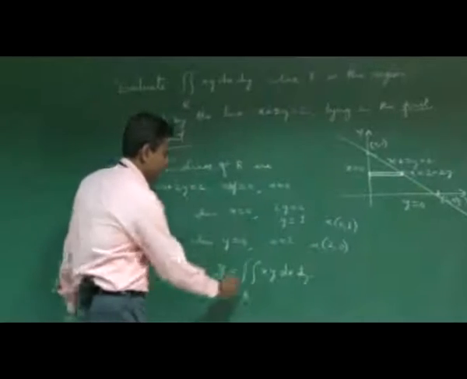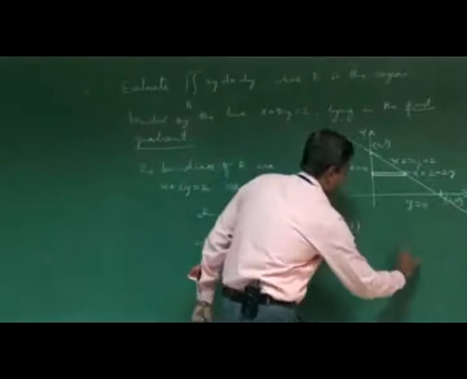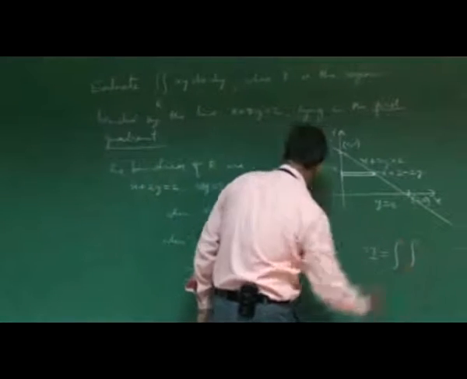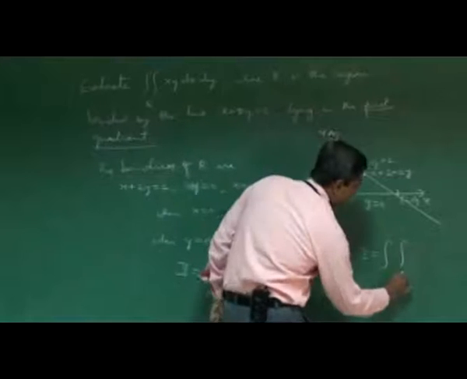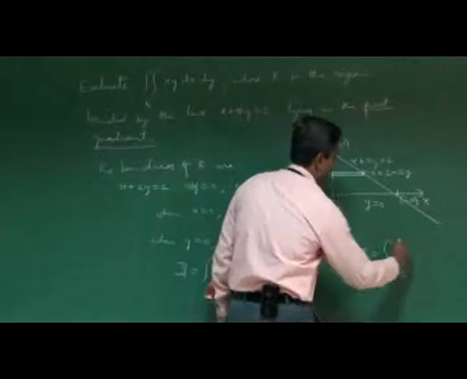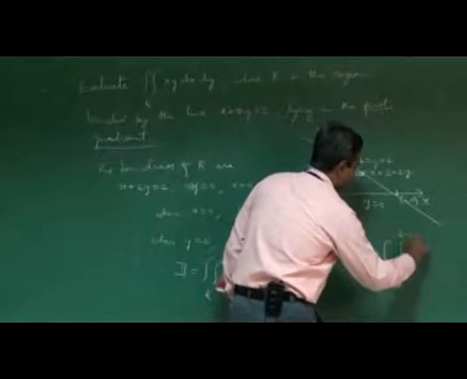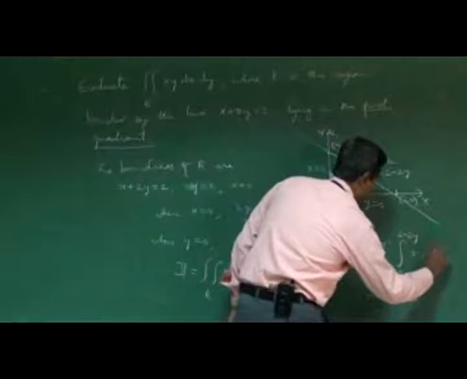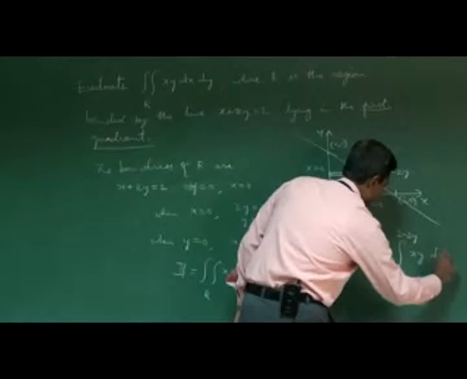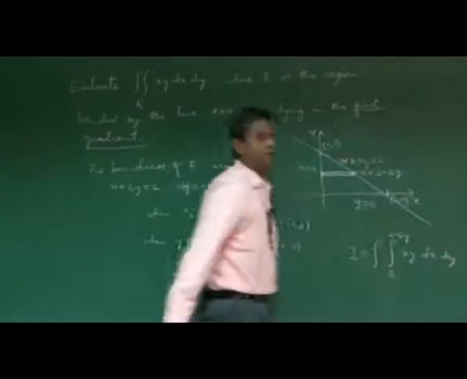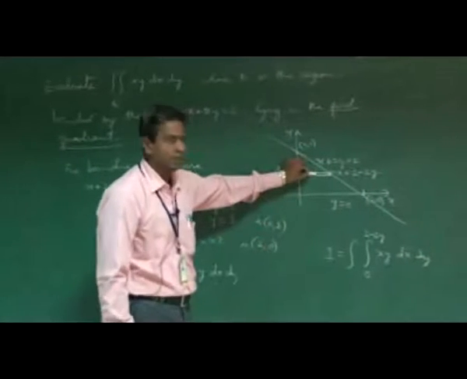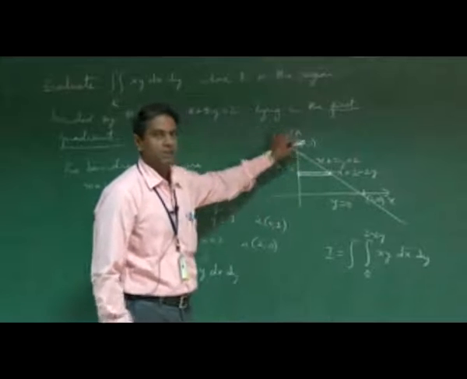So I equal to the integral of x, lower limit 0 and upper limit 2 minus 2y, of xy dx dy, and we move the small strip from the lower to the upward direction.